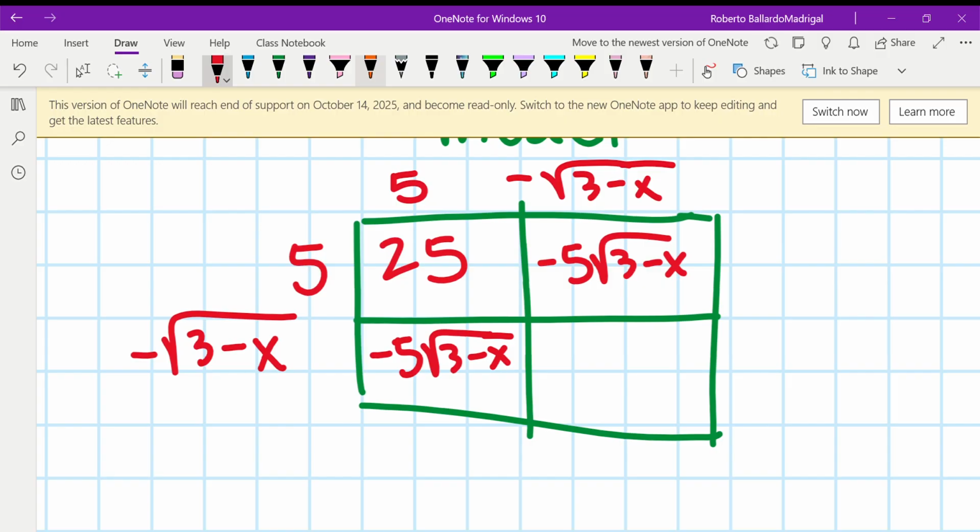And then lastly over here, we have radical times radical, so we can just take out the stuff from the inside, because we have a pair. So this will give us 3 minus x.